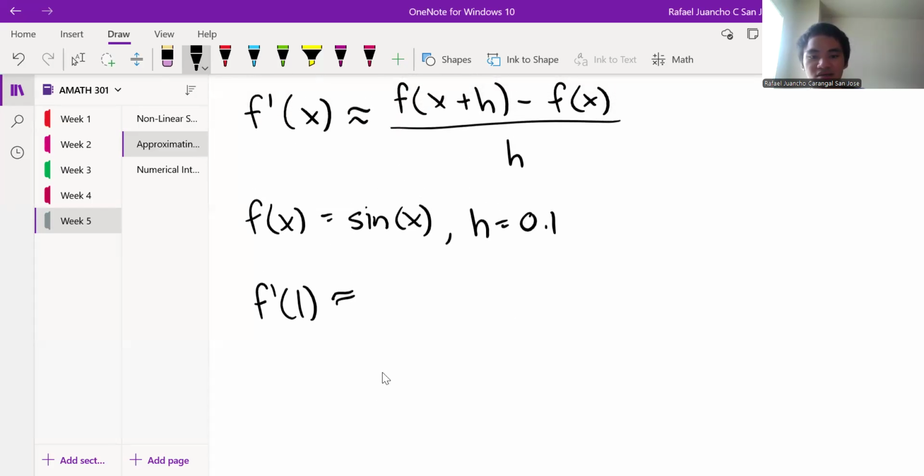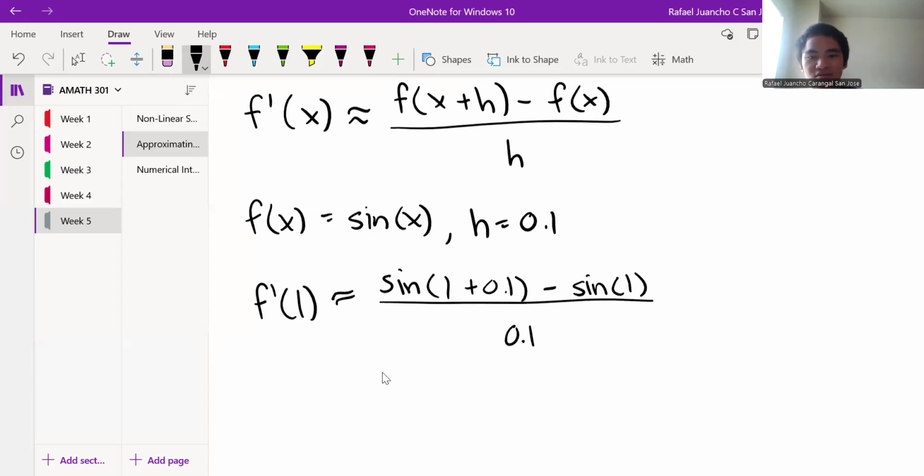So here my x is 1. So this is going to be sine of 1 plus 0.1 minus sine of 1, over 0.1.